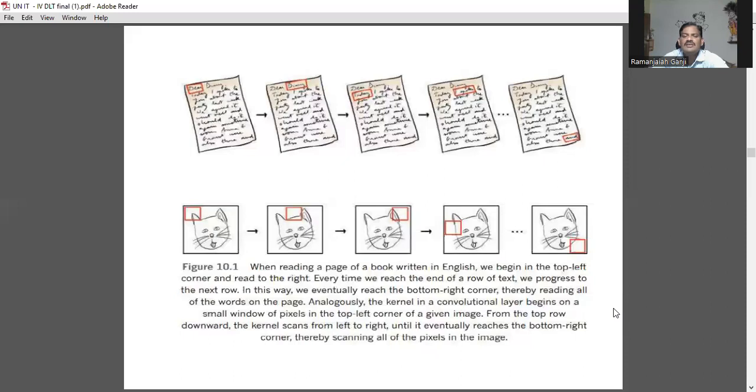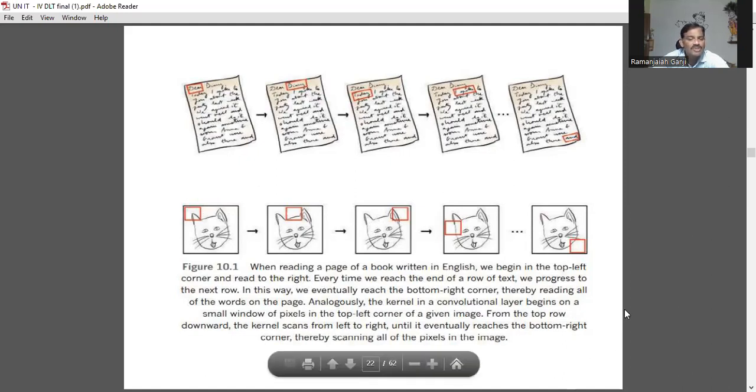In a similar manner, the kernel in a convolution layer begins on a small window of pixels in the top left corner of a given image. From the top row downward, the kernel scans from left to right until it eventually reaches the bottom right corner, thereby scanning all of the pixels in the image.